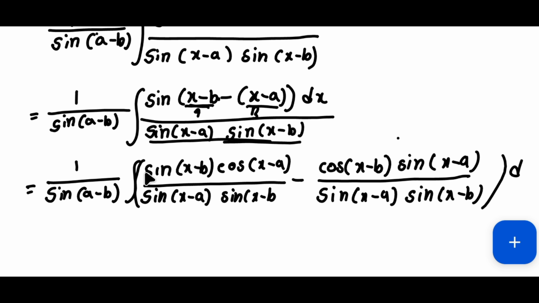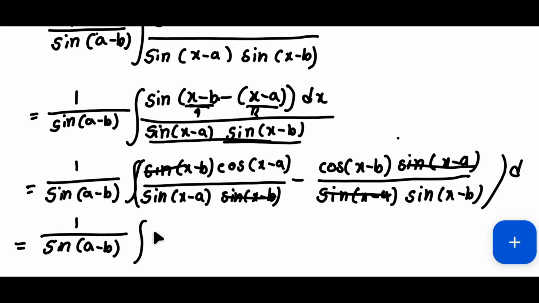Now sine x minus b and sine x minus b cancel, sine x minus a and sine x minus a cancel. This is equal to 1 by sine a minus b, integral of cot of x minus a minus cot of x minus b, whole dx.